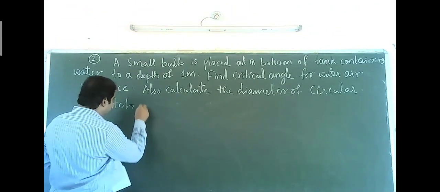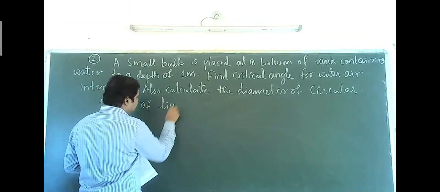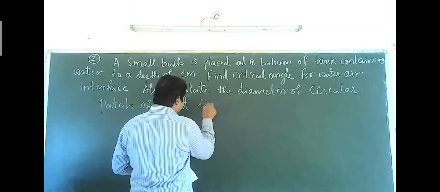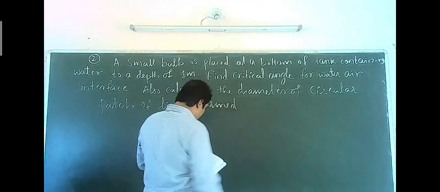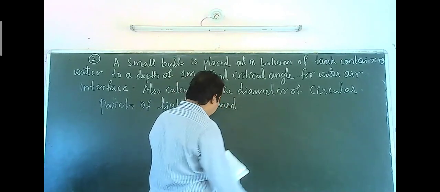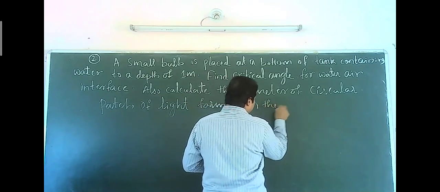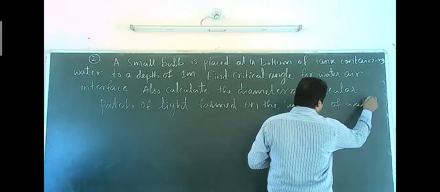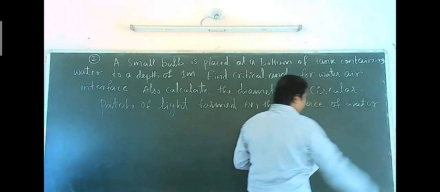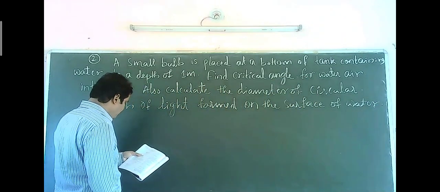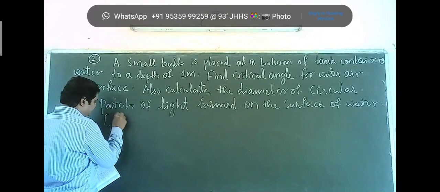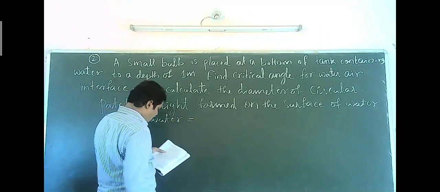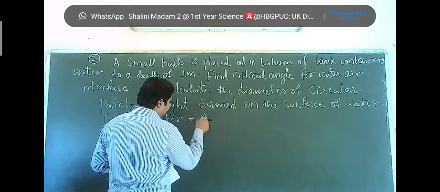Patch of light formed on the surface of water. What is given? The refractive index of water is given. The refractive index of water is equal to 4 by 3.